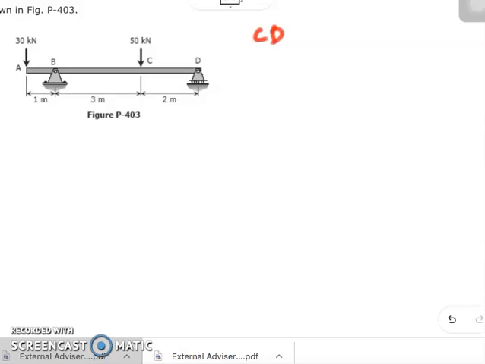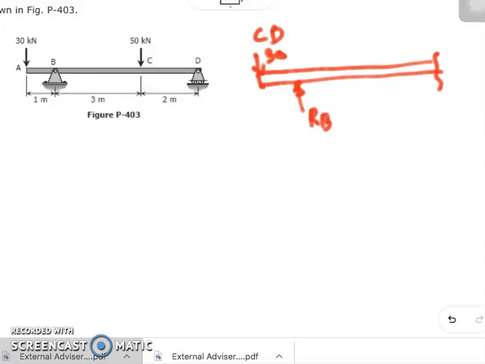If we're going to consider member CD, meaning to say you have here our cut section. So this is actually our 30 kilonewton. Then we have our R sub B. Then we have our 50 kilonewton. And this is our point D. This is point C. So from that, this distance is actually equal to x.